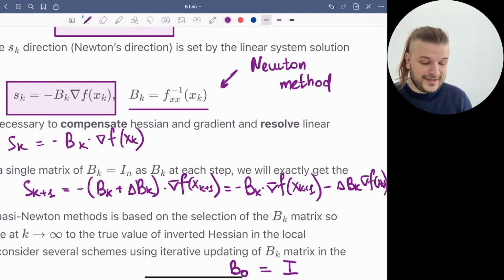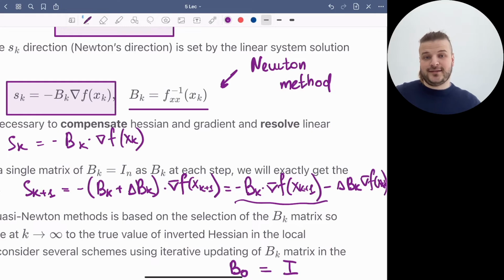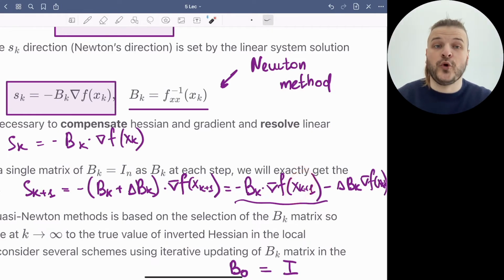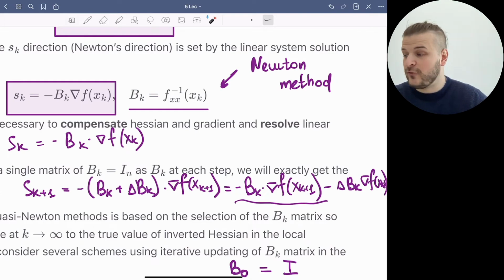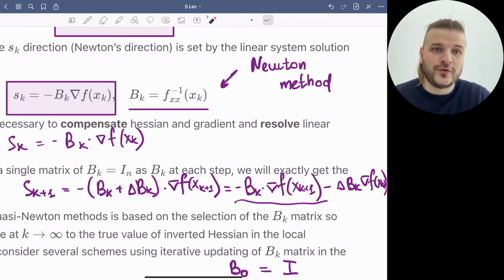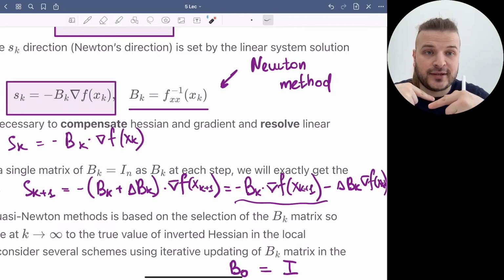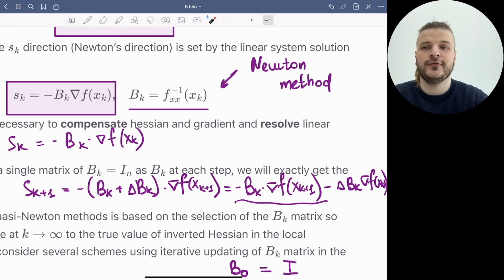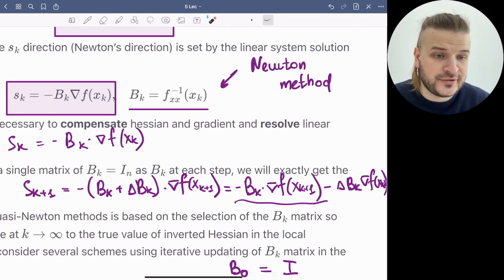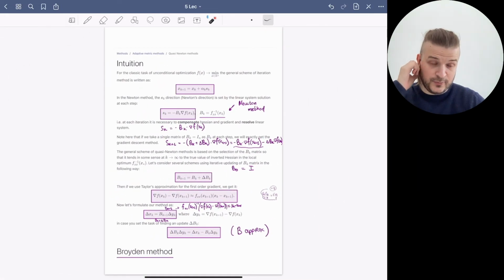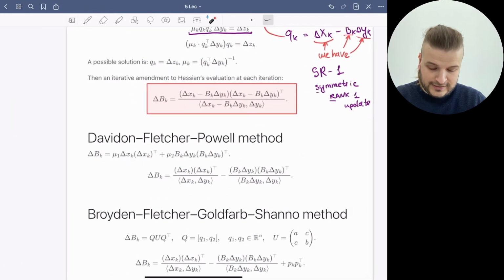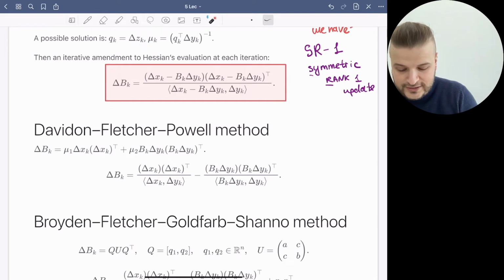Sometimes you can treat this term as a term from the previous iteration, but you have a problem that the point of the gradient should also be a new point. But still, you can formulate a version of the quasi-Newton method which somehow reuses previous information for the direction computation. That's possible.